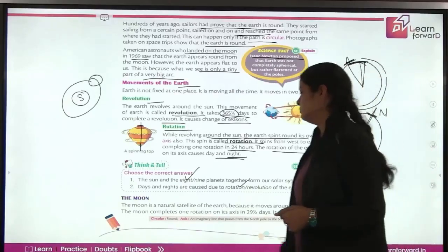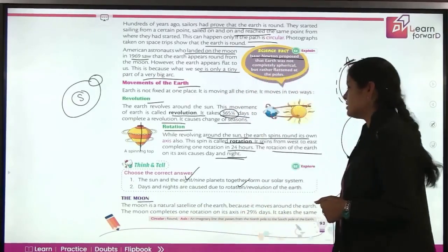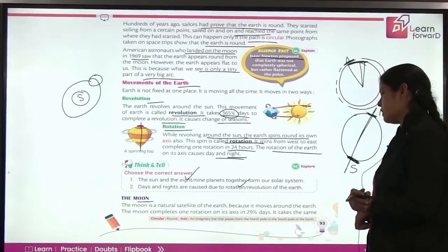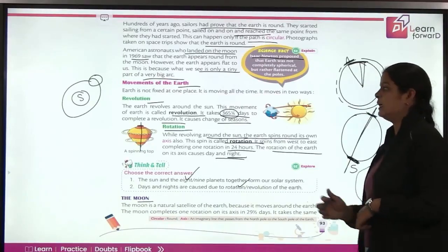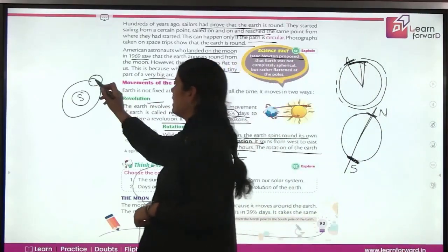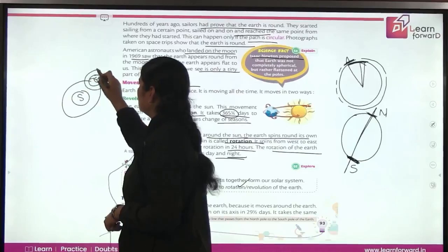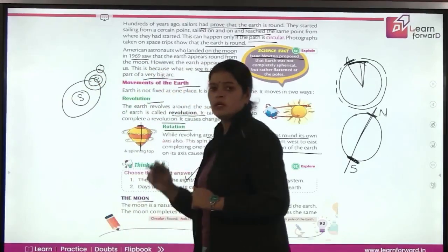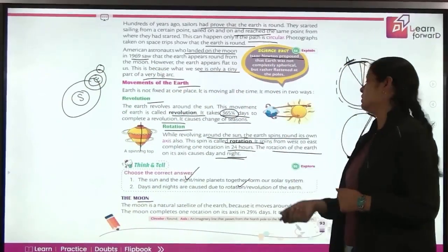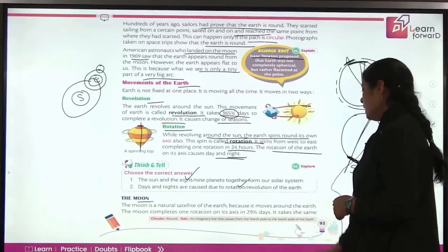Now the moon. The moon is a natural satellite of the earth because it moves around the earth. Just like the sun has the earth, the earth has the moon. It is also going around the earth.